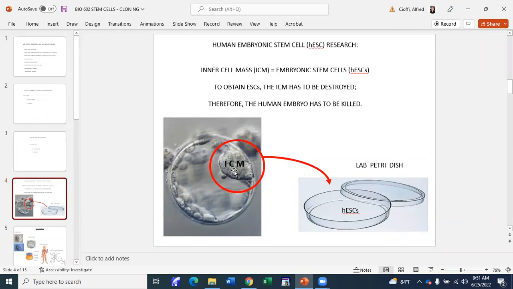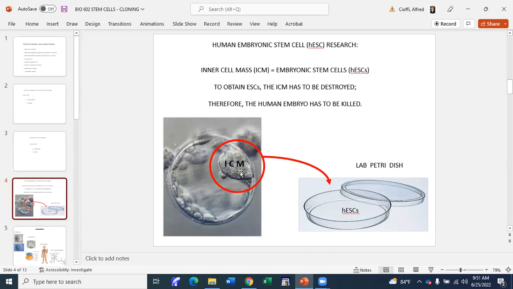And these are the embryonic stem cells of human when it comes from a human blastocyst, or non-human when it comes from another animal, another mammal, okay? But these are the embryonic stem cells. So in order to obtain these embryonic stem cells, it's obvious that the blastocyst has to be dismembered. Disaggregated is the technical term, right?